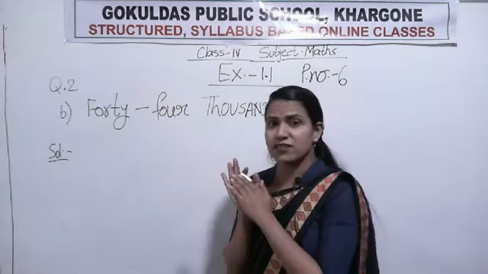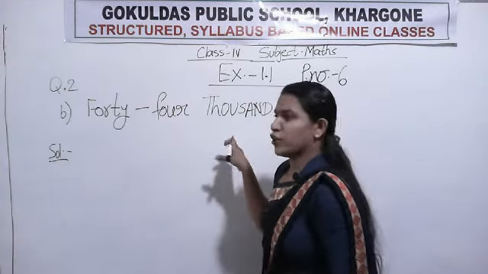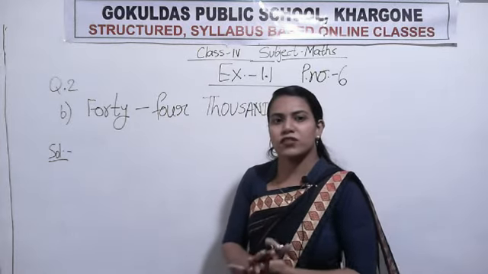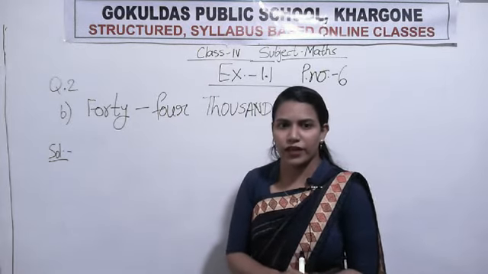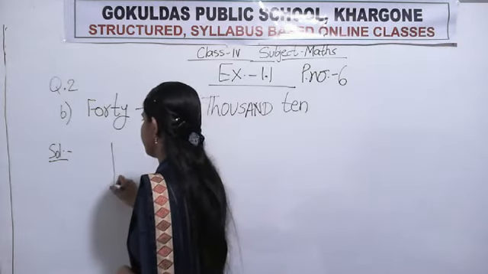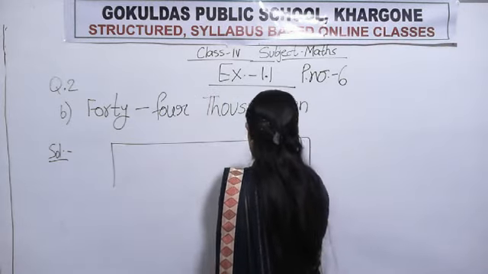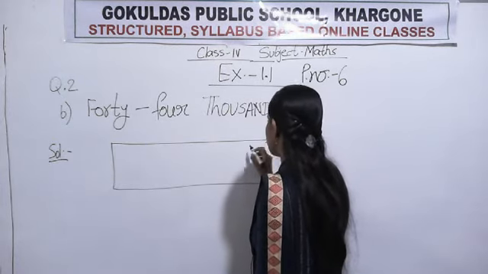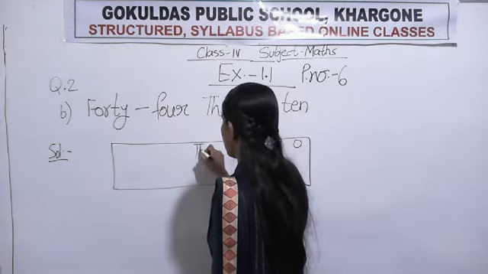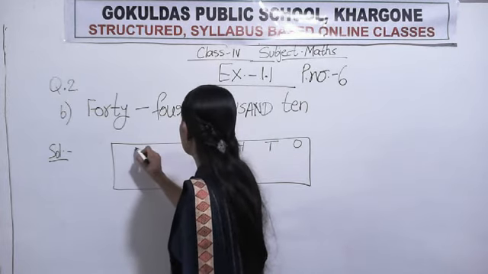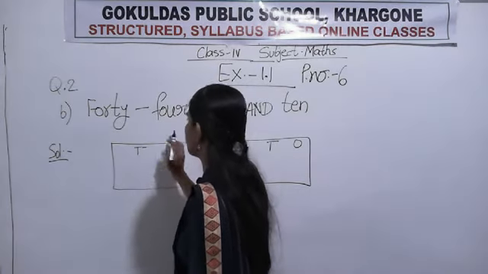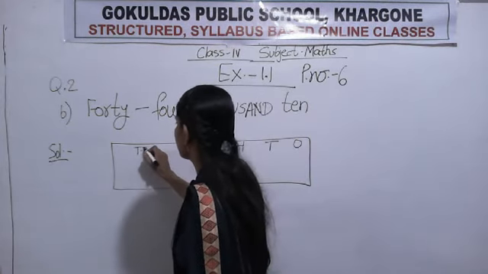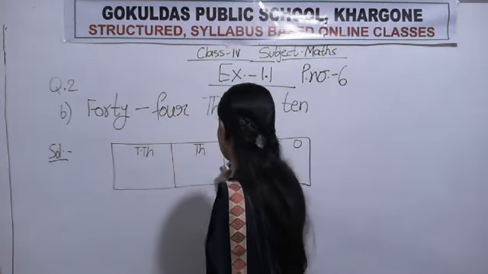You have to write this in numbers. So what will you do? You will first make a place value chart. In the place value chart, what comes? Ones place, tens place, hundreds place, thousands place, and 10,000 place.